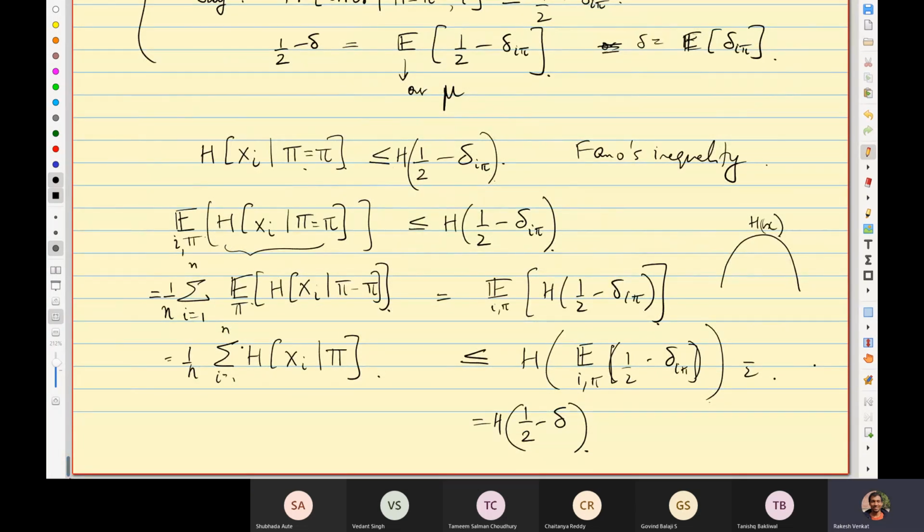Okay, so I hope this makes clear the way that we are using information theory. Let me recap this part because there's a lot of algebra happening in between. We said suppose there's a C-bit protocol. Then C is log of the size of the support of pi.